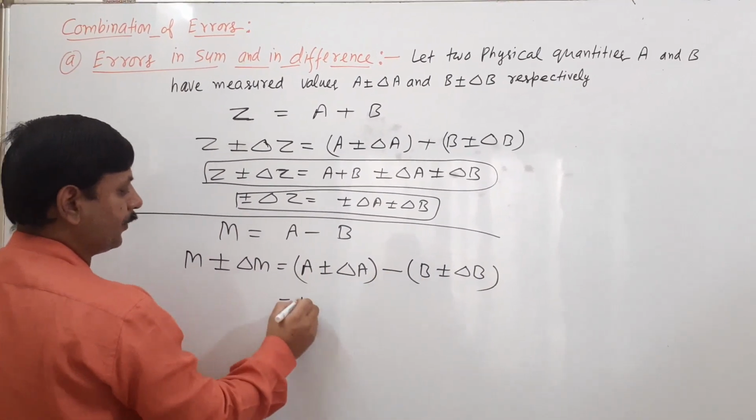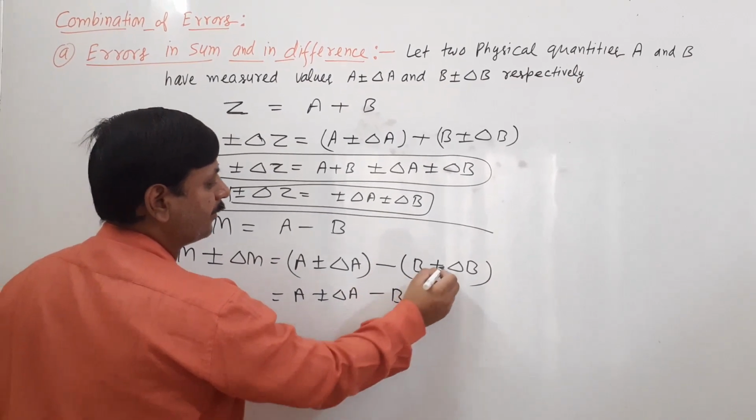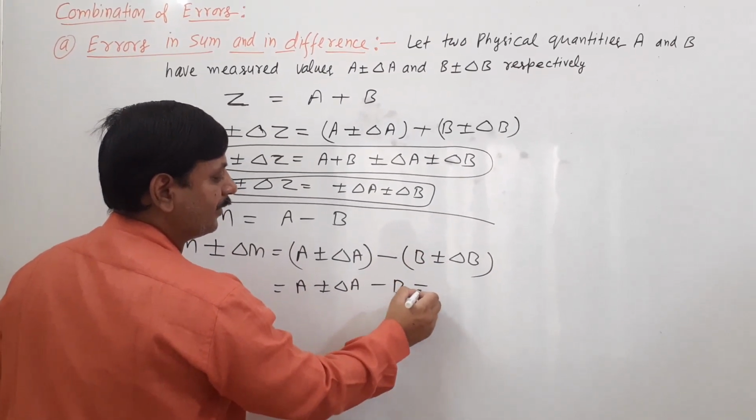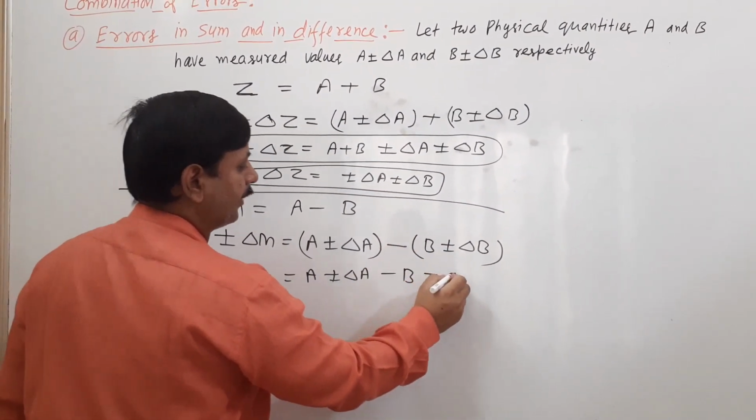Measure it: A plus minus del A minus B plus minus del B. Minus times plus becomes minus, and minus times minus becomes plus.